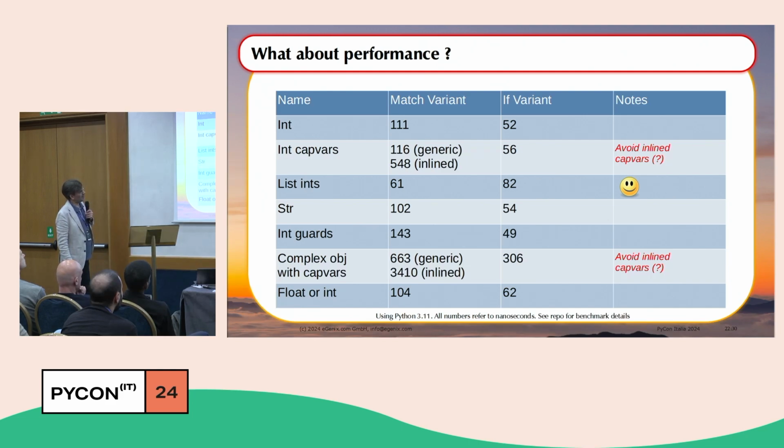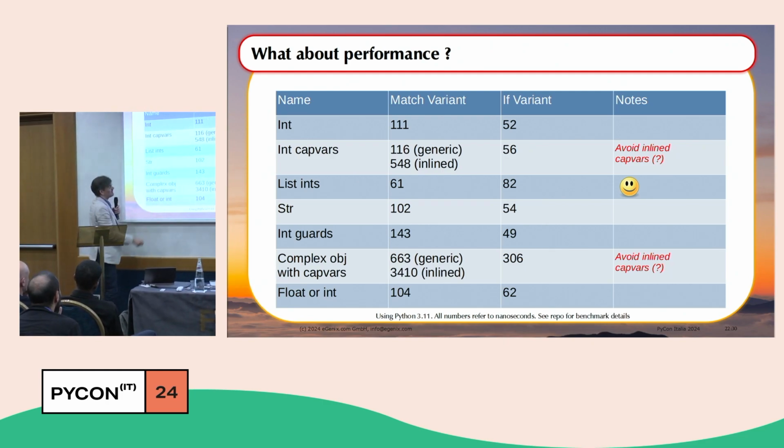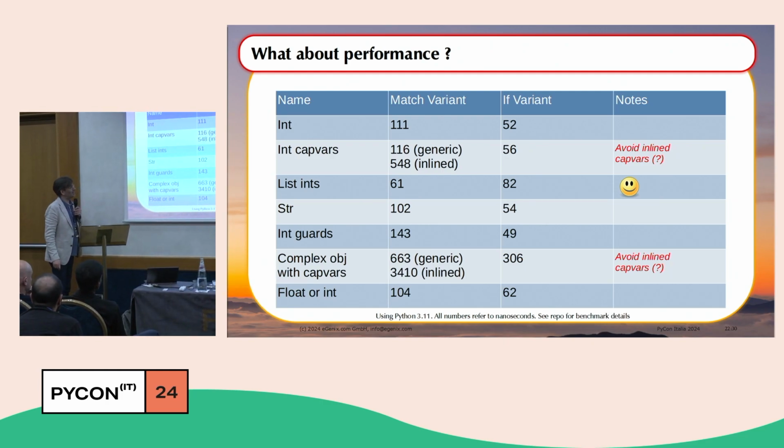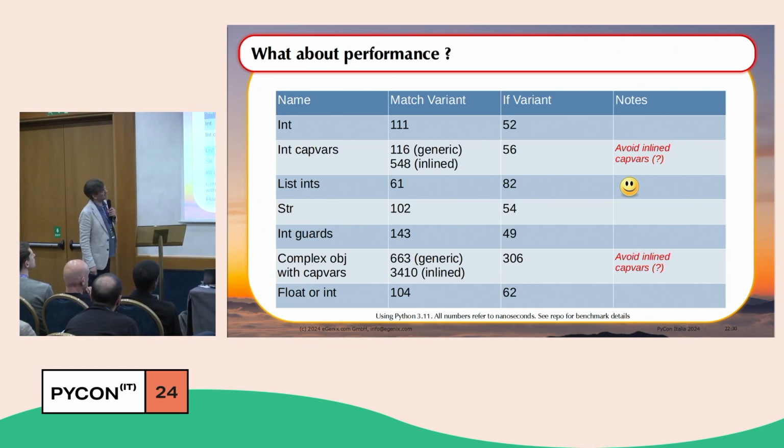All of these values are nanoseconds, so it doesn't take a lot of time, but you can see that the match variant often is quite a bit slower than the if variant, right? So in most cases, it takes twice as much time. Except for one case, which is the list of integers, where it's actually a lot faster. And so it's interesting to be able to do these things and actually get faster code.